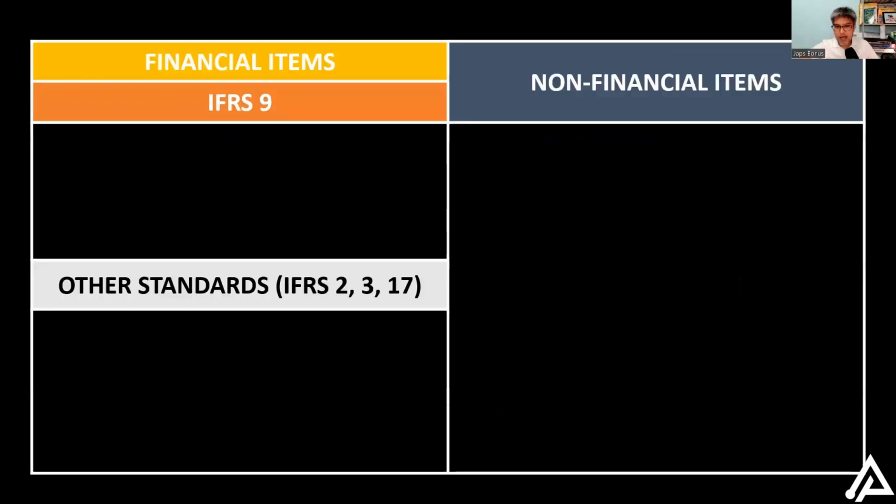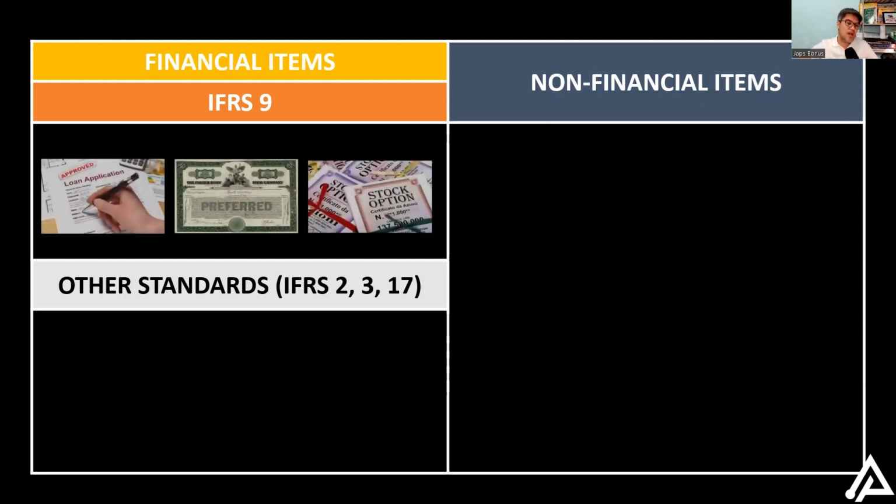Sabi ko nga, IFRS 13 coverage niya is not just financial items or financial instruments. It includes non-financial items then, and even non-IFRS 9 areas. IFRS 9, alam na natin yan, debt instruments, equities, derivatives. And they have rules and provisions on how each is calculated or estimated.